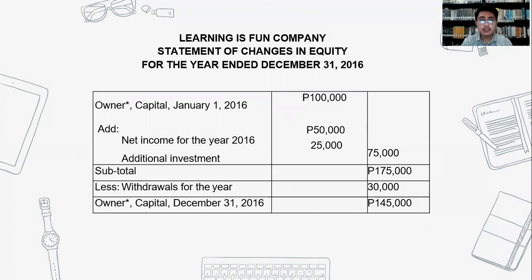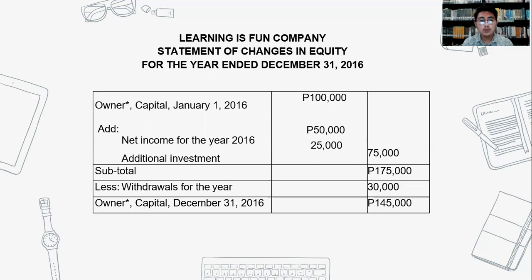So the first thing that you need to do, of course, is to write the company's name and what kind of statement and also the year ended. Okay, so for example, given na po ito, to get the equity or the owner's equity, okay, for sole proprietorship po, ganito po yung mangyayari.